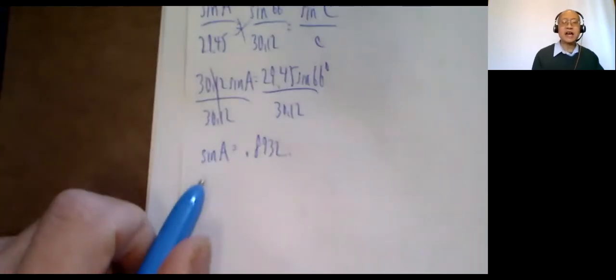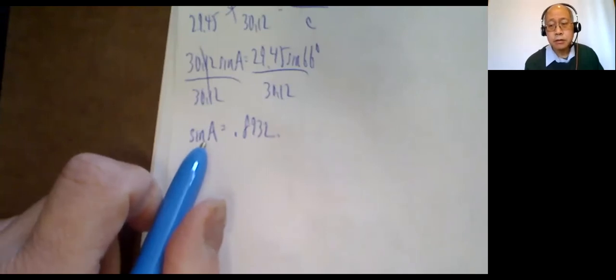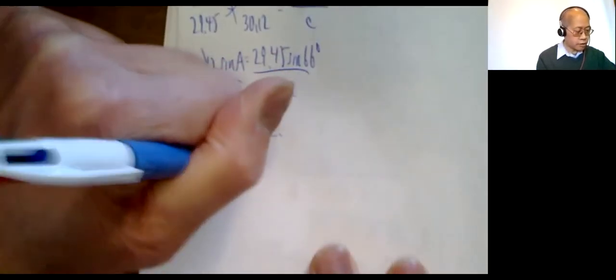Now that's not A, that's the sine of A. How do I get just A? Inverse sine, at least that gives me one angle. Inverse sine or arc sine of 0.8932.